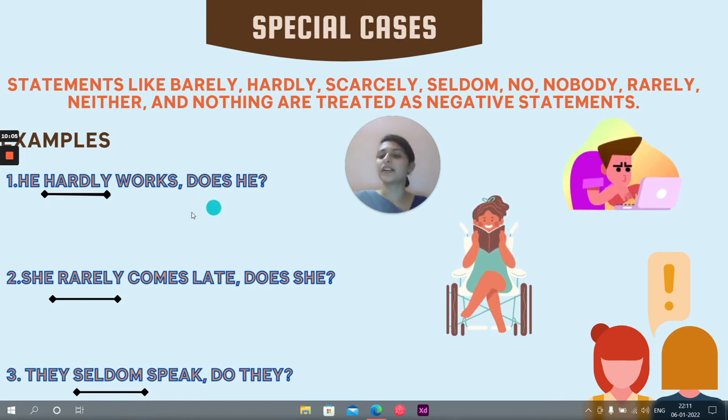For example, he hardly works. Can you see this word hardly? Now when this word hardly is there, the sentence becomes negative.